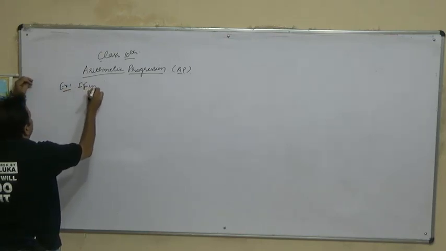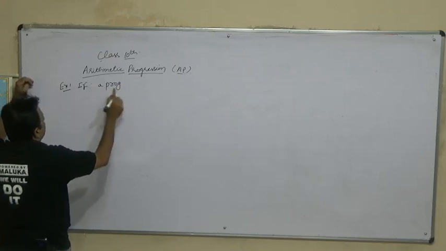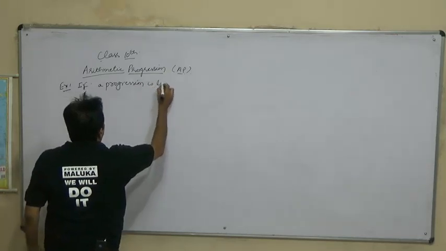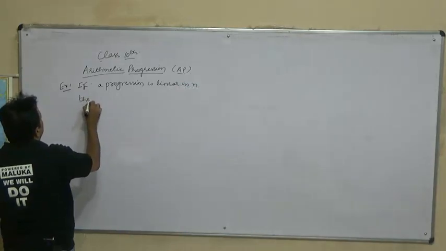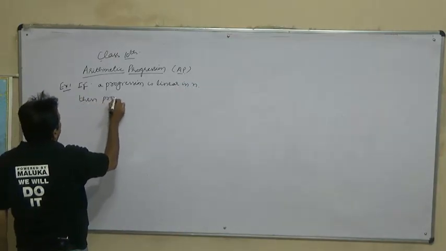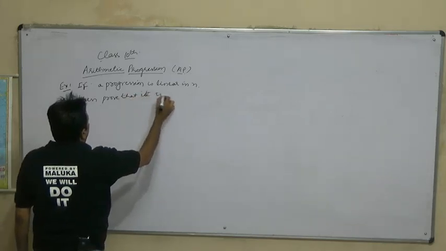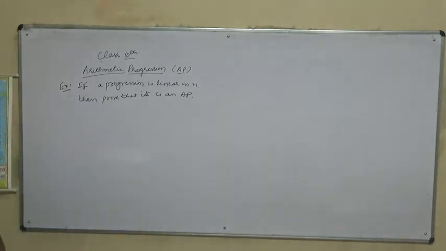if a progression is linear in n, then prove that it is an AP. So what we have to prove here is, if a progression is linear in n, that it is an AP, arithmetic progression.